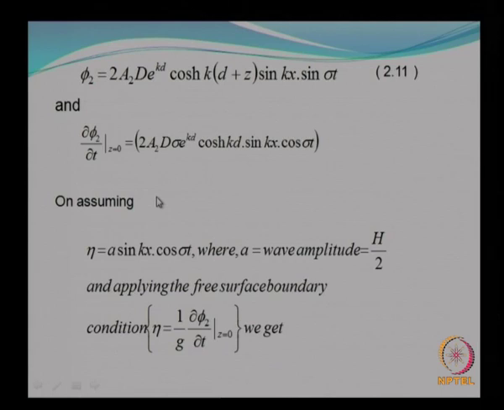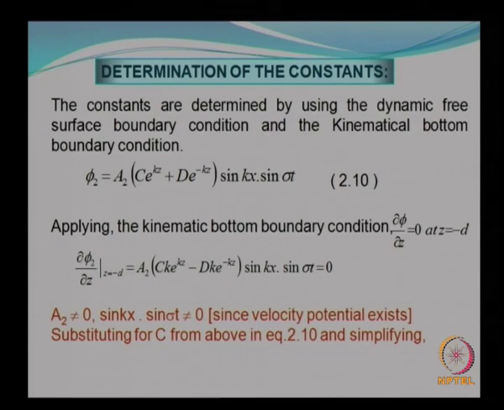So now, dou phi by dou t at z equal to 0, what is it? Dou phi by dou t at z equal to 0 is coming from the dynamic free surface boundary condition.